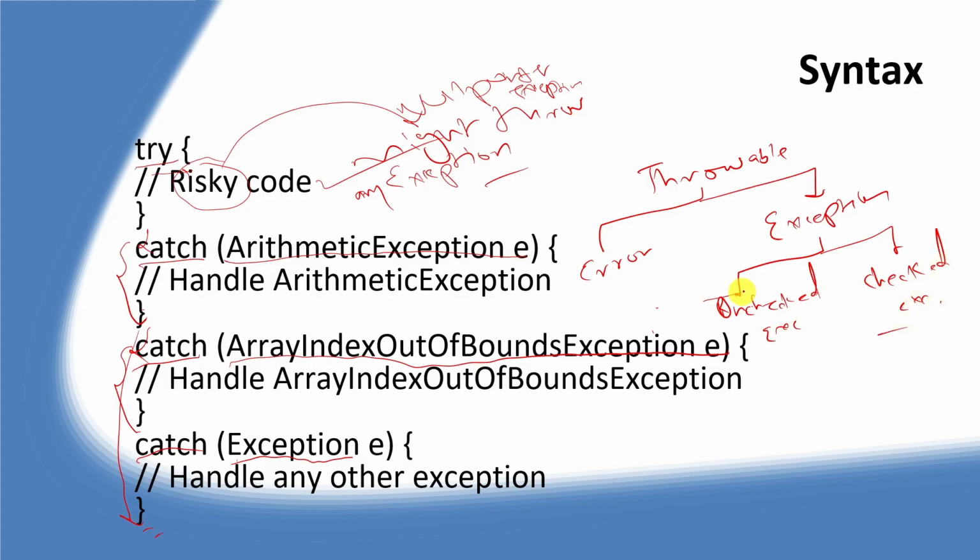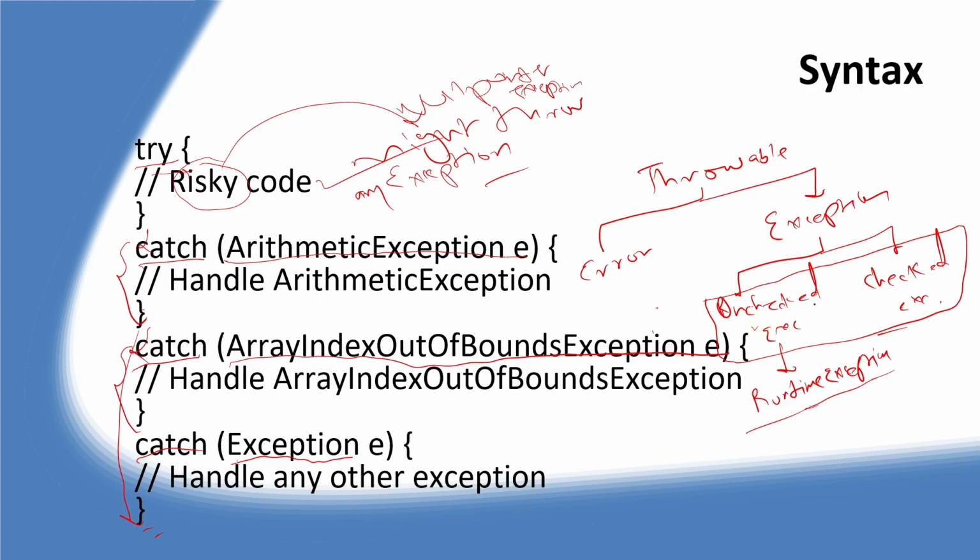Whatever exception we have belongs to either checked or unchecked exceptions. Unchecked exceptions are those inherited by the RuntimeException class. So whatever exception class is inherited by RuntimeException will be an unchecked exception.